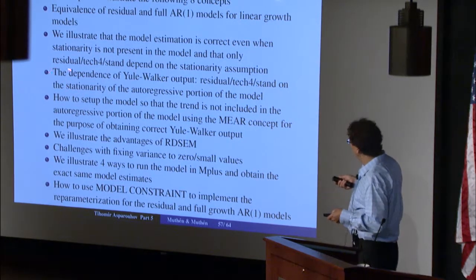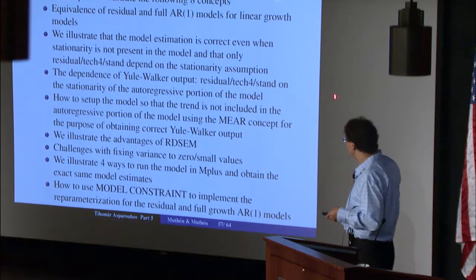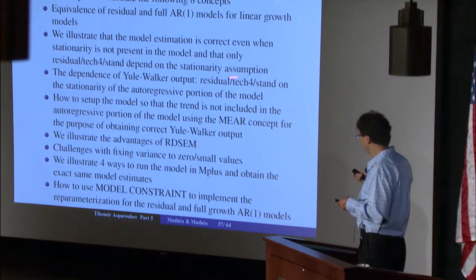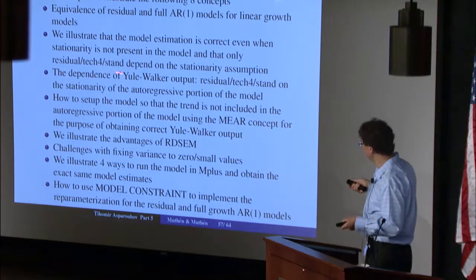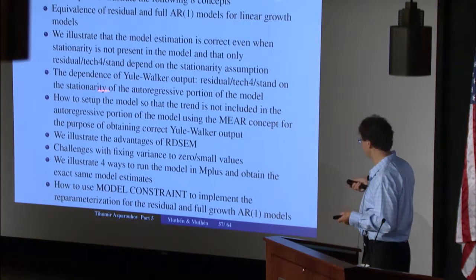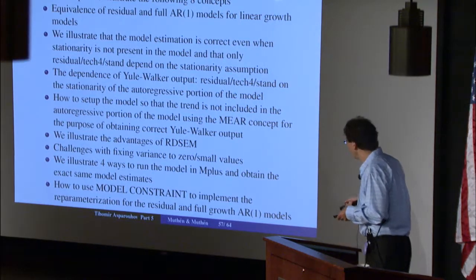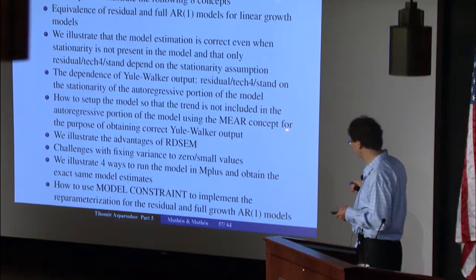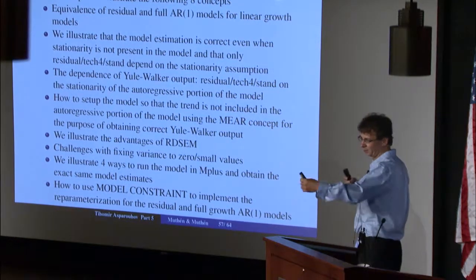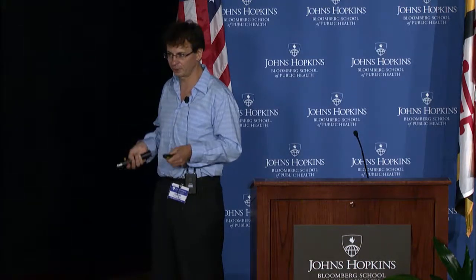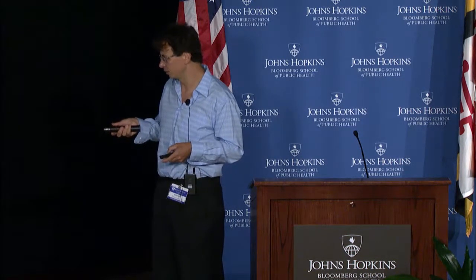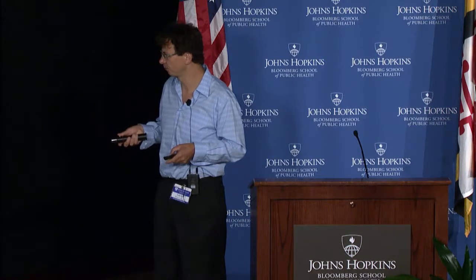And then we're going to show that indeed when the autoregressive portion of the model is non-stationary, the Yule-Walker output is incorrect. We're also going to show in this little example how the MIR concept allows you to separate the trend from the autoregressive portion, and we illustrate the advantages of the residual DSEM.